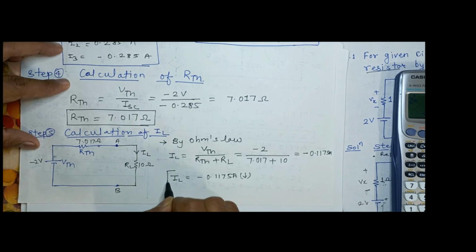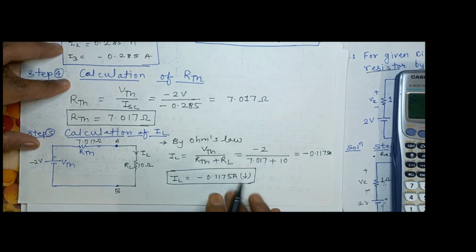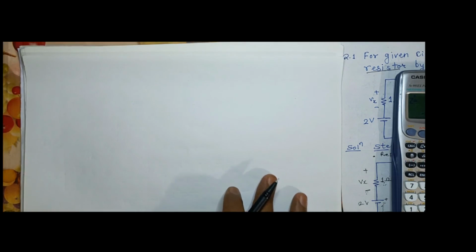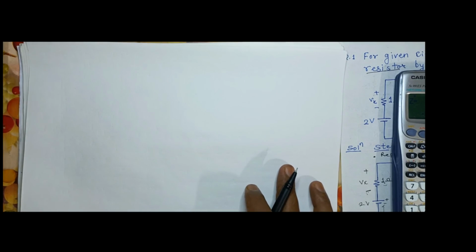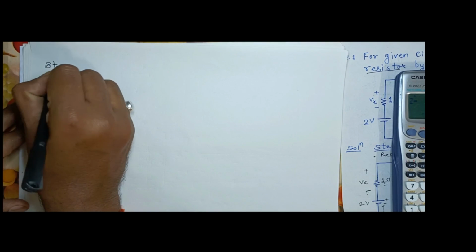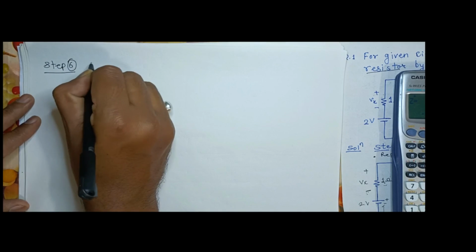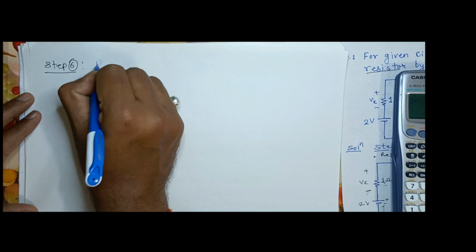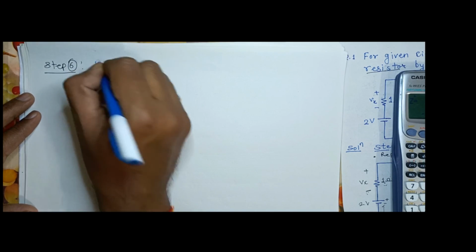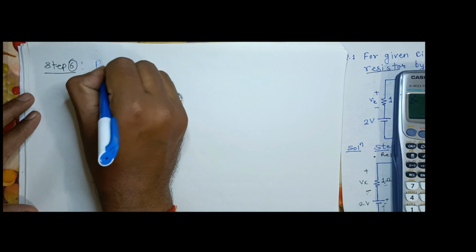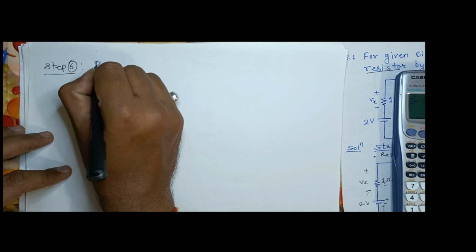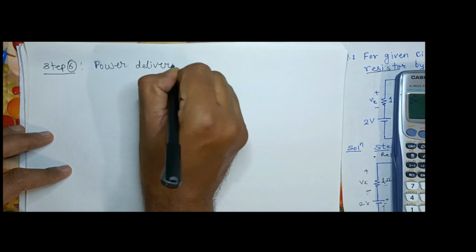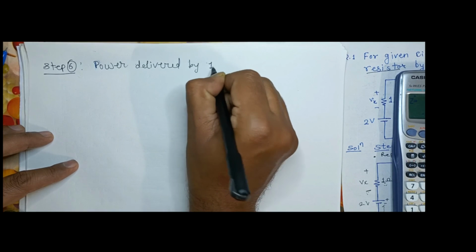So this is the value of IL, and in the question they have asked the power delivered by 10 ohm. So the next step is the 6th step. Another step we have to solve, step number 6: the power delivered by 10 ohm.